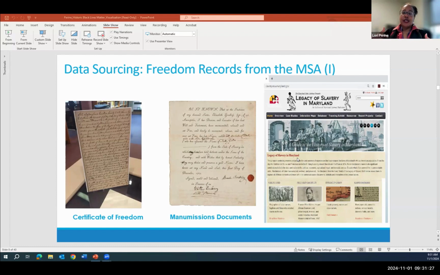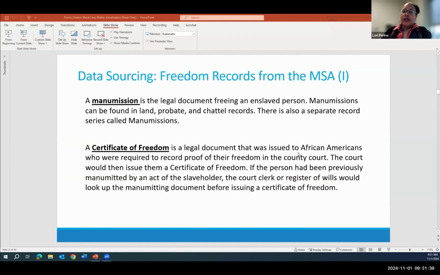We were interested in taking that information that had been datafied and seeing what we could learn from it using computational techniques. Just as background, manumission documents were any type of document that freed an enslaved person. In the state of Maryland, those documents took various forms.